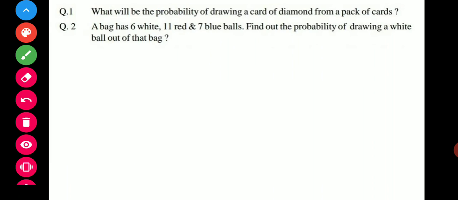And that is the probability. How can we find the probability? First of all, what is the formula of probability?